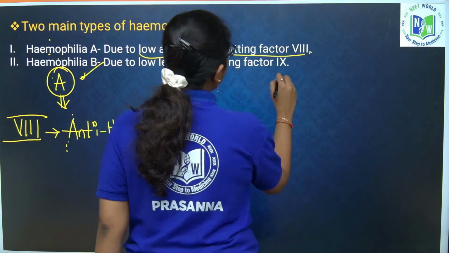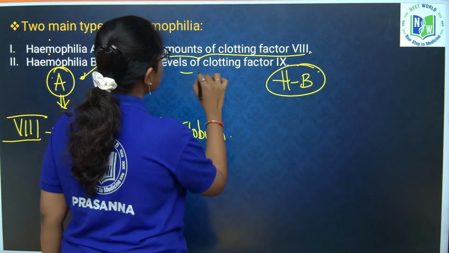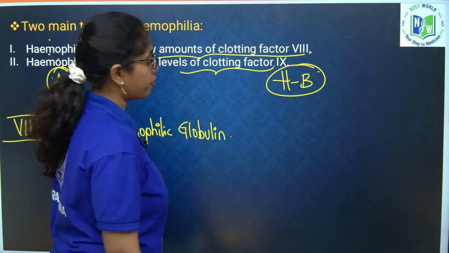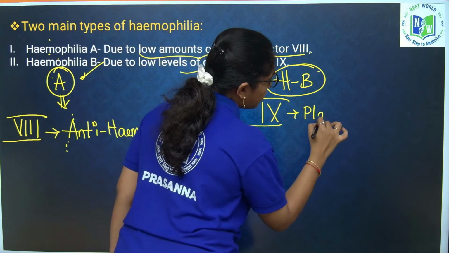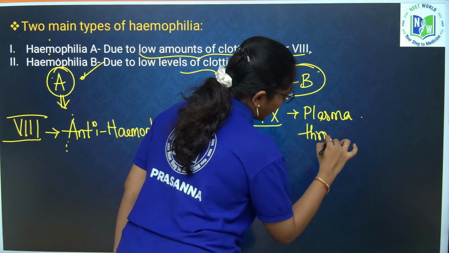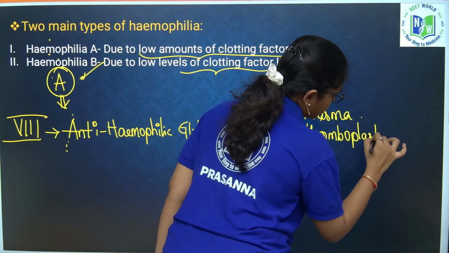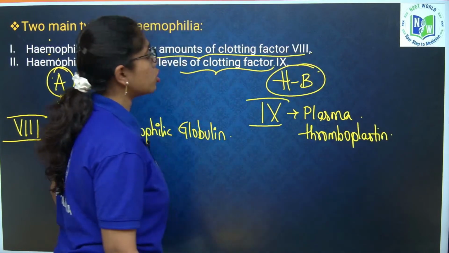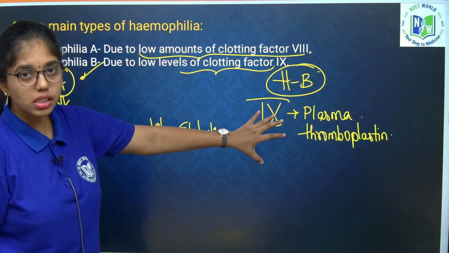And hemophilia B is due to the absence or lower levels of clotting factor 9, which is also called plasma thromboplastin, or Christmas factor.